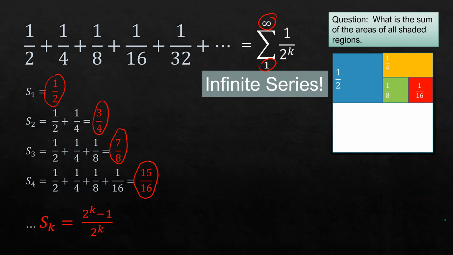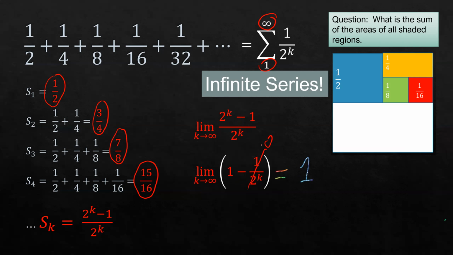So if you think about what will happen when you add infinitely many of these, meaning what is the limit as k goes to infinity? Well, we can split the fraction, right? 2 to the k power divided by 2 to the k power is 1. So you really are looking at the limit as k goes to infinity of 1 minus 1/2 to the k power. And you know this is going to go to 0.